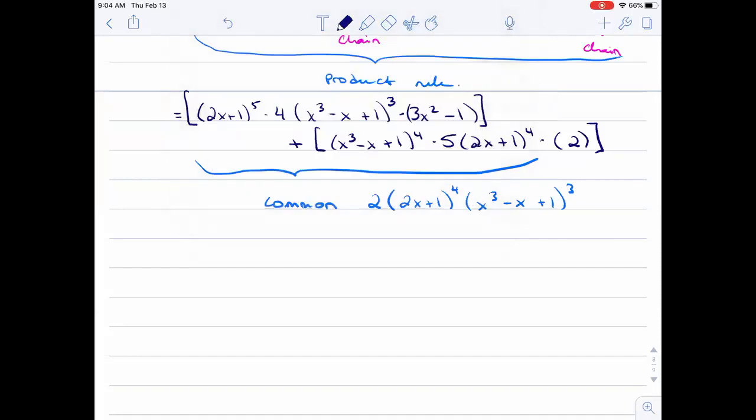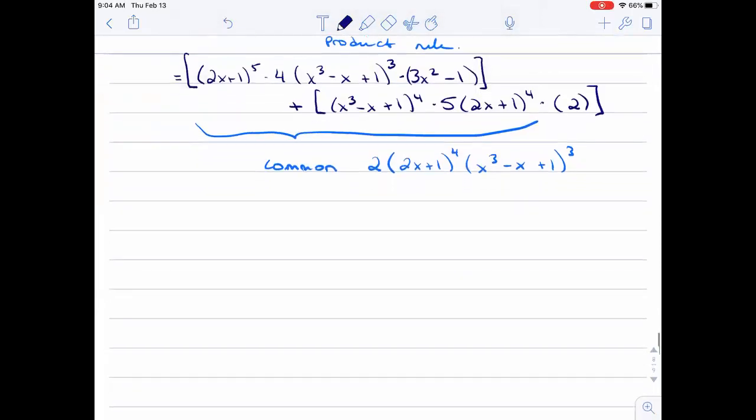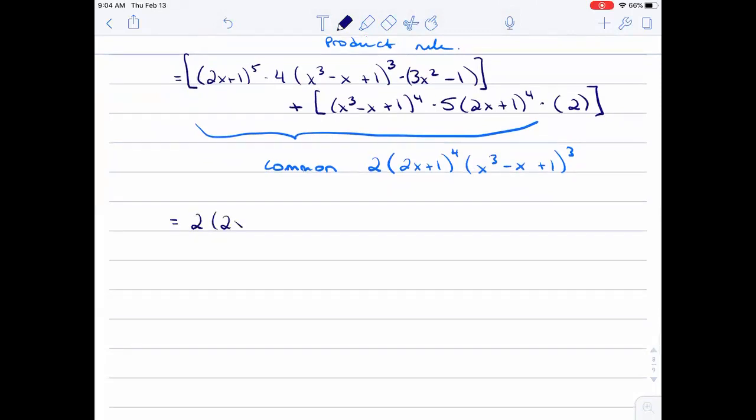So what I'm going to do is rewrite this and say, okay, well, I've got that common 2 times 2x plus 1 to the power of 4 times x to the 3 minus x plus 1 to the power of 3.